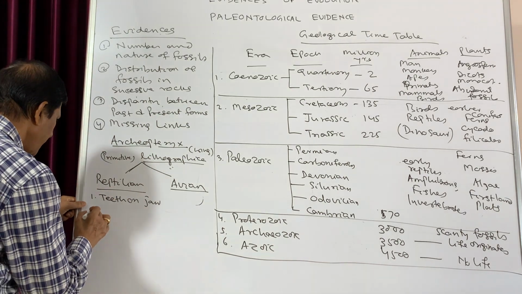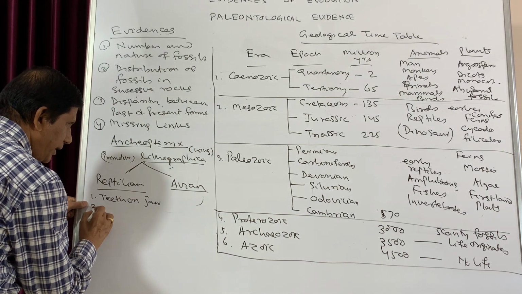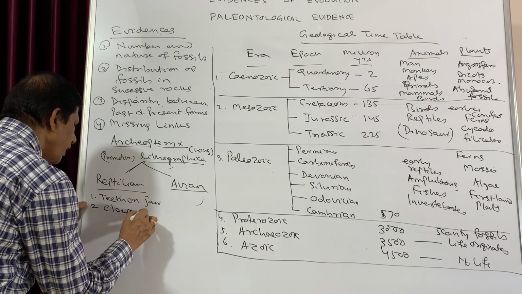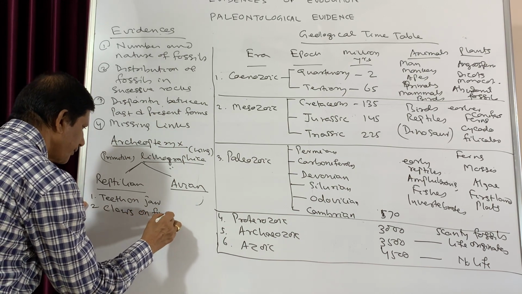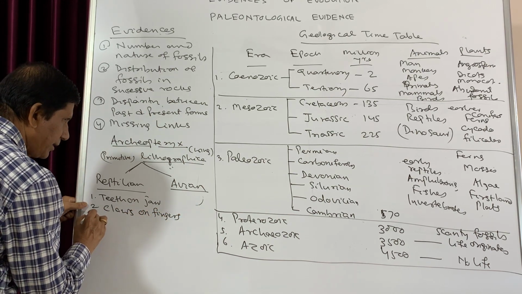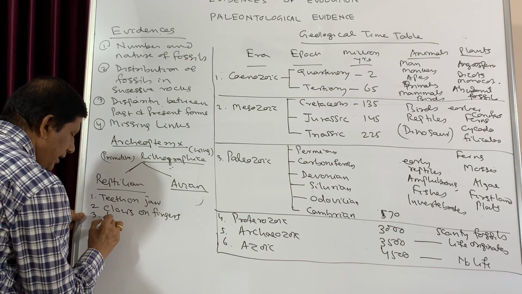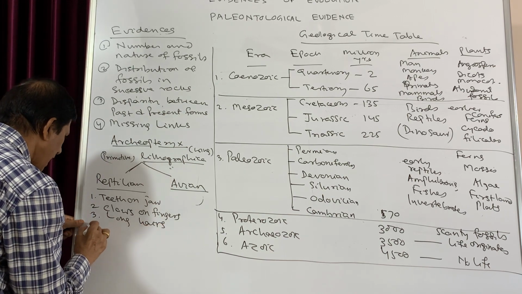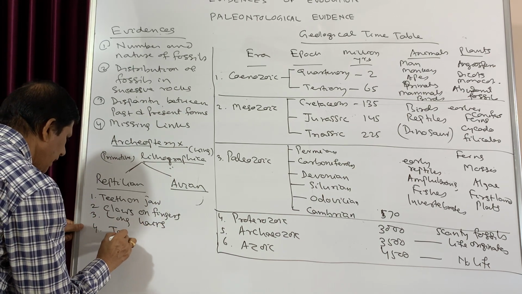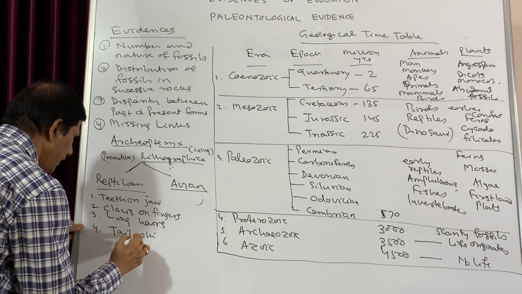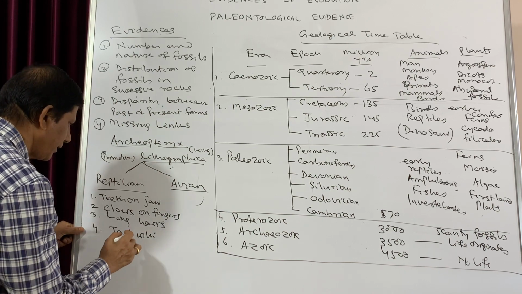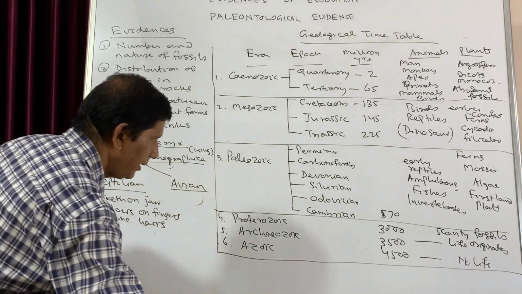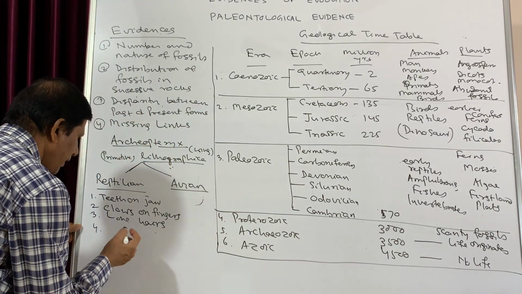Number two, claws on fingers. Then the third point is long hairs, and the fourth point is a long tail.